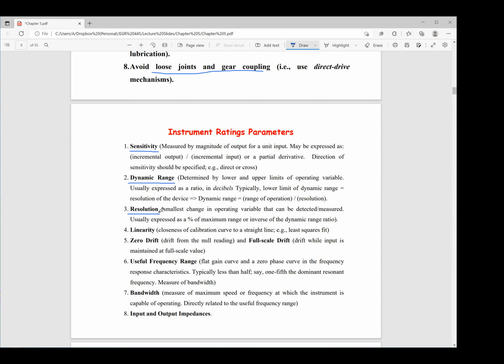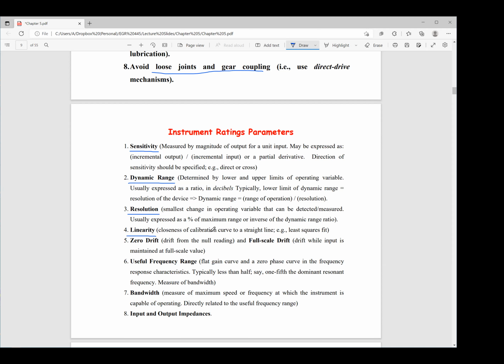The next part is, what is the resolution? Resolution is the smallest value that can be measured by that instrumentation or that can be displayed by that instrumentation. Then what is the linearity? Whether the system is behaving linearly with respect to input, or whether the system can be approximated by a straight line.